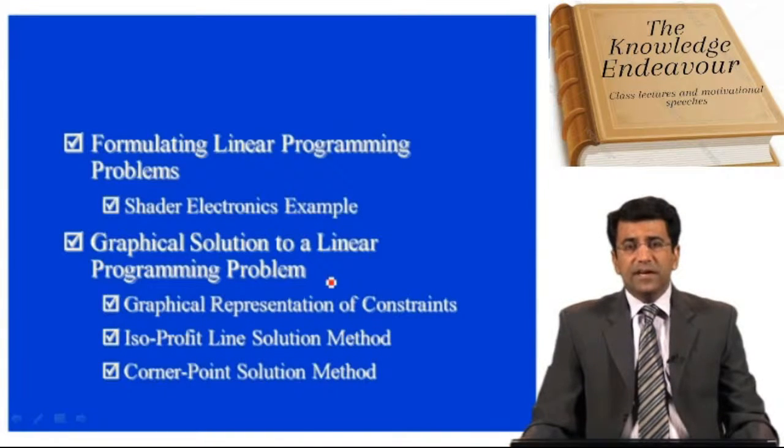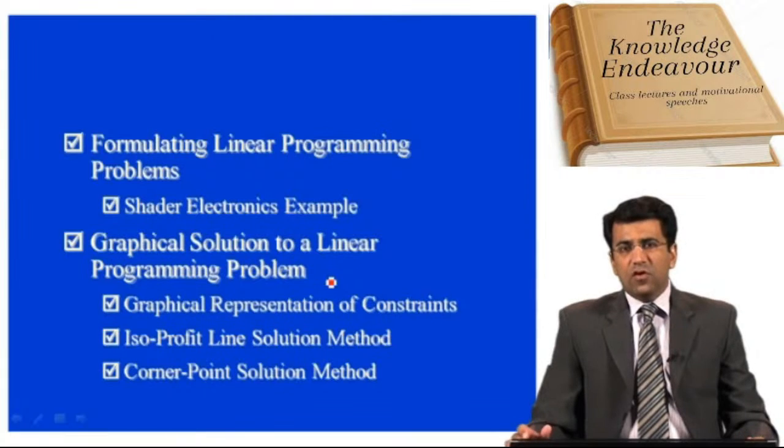Then we discussed in detail the graphical method of linear programming and the different steps involved. First of all we define the constraints, and then one by one we convert these constraint inequalities into equalities, and then we put the values of the decision variables one by one equal to 0, and finally we get two different points for a particular constraint.